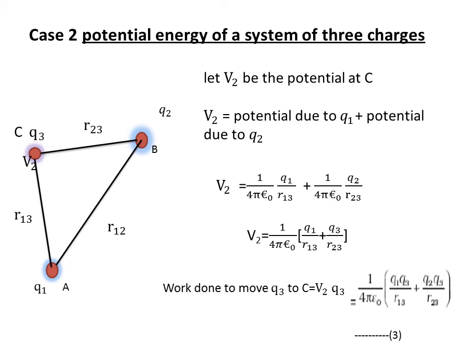Potential is the work done to bring plus 1 coulomb. So the work done to bring q3 is equal to V2 into q3. So we get 1 by 4 pi epsilon 0 into q1 q3 by r13 plus q2 q3 by r23, which is equation number 3. From equation 1, 2 and 3 we have the work done to bring q1, work done to bring q2 and work done to bring q3.